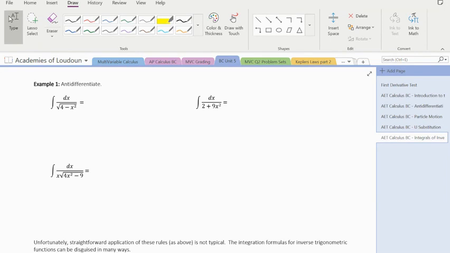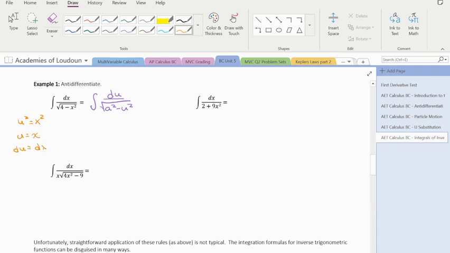So we have the antiderivative of 1 over the square root of 4 minus x squared. We recognize this as the form of the integral of du over the square root of a squared minus u squared, which we recognize as arc sine. So u squared is equal to x squared, which means u is simply x.